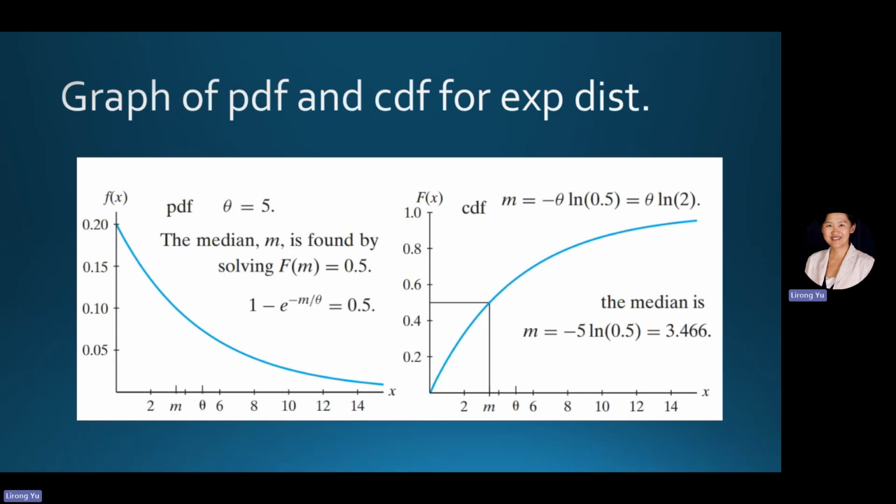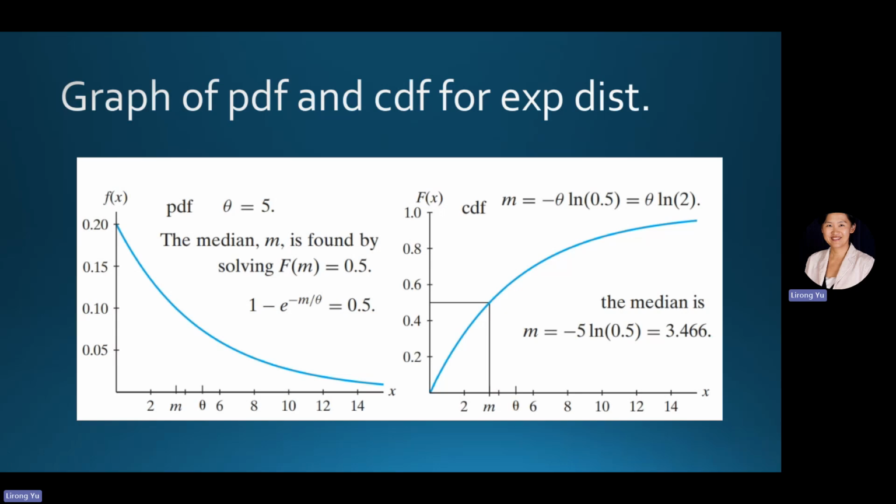In the formula, there are a couple of other things being referred to here. Number one is to calculate the median. The median is the 50th percentile. So if this is the CDF, 1 minus e to the negative x over theta, and the median is m, then 1 minus e to the negative m over theta should be 0.5.